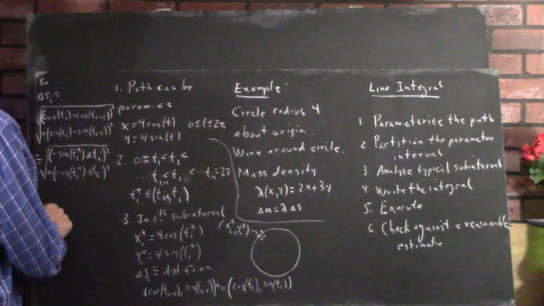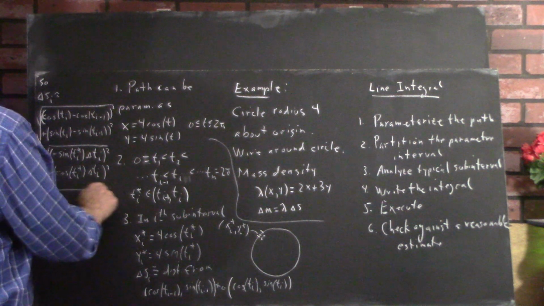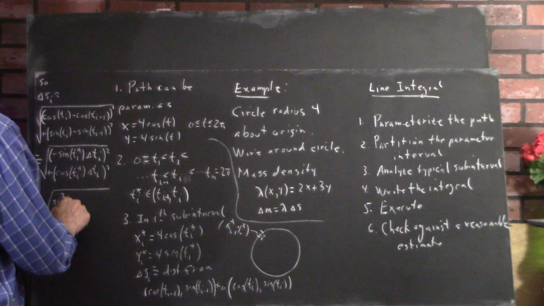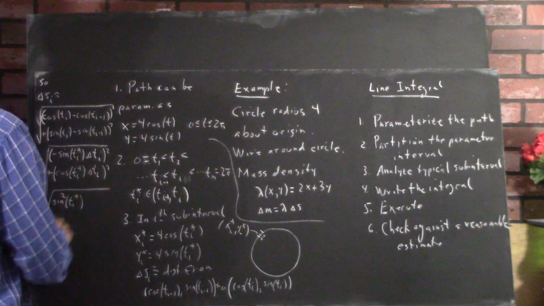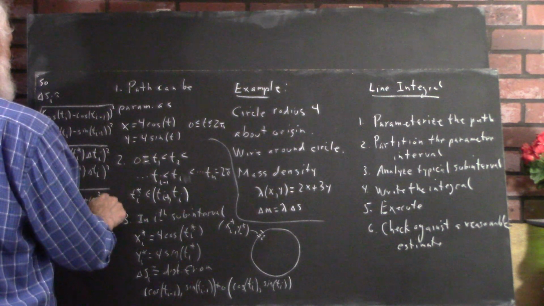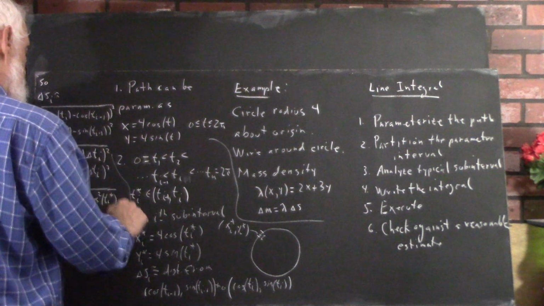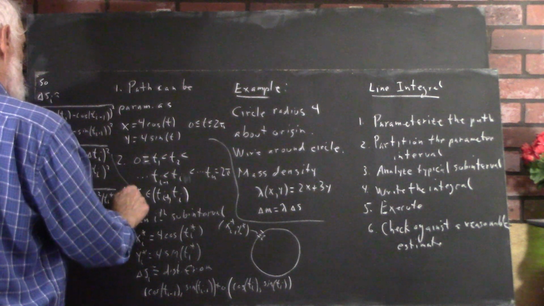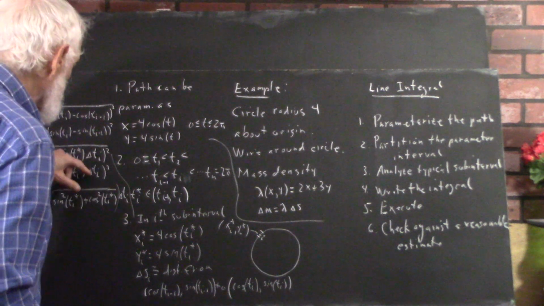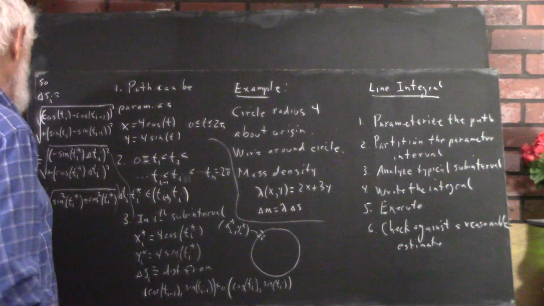So this is equal to the square root of the sine squared of t_i star plus the cosine squared of t_i star, multiplied by delta t_i, because I can factor out the delta t_i squared under the square root. Outside the square root, it'll become a delta t_i.